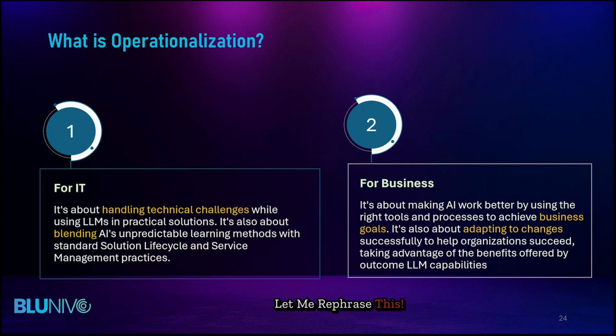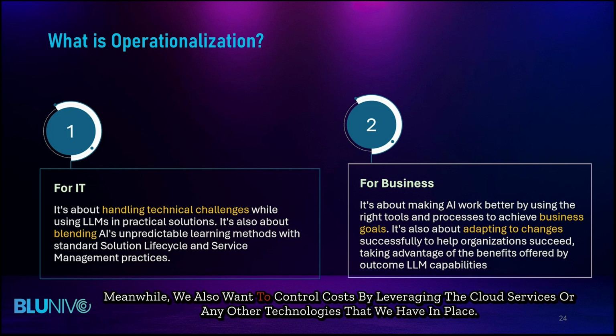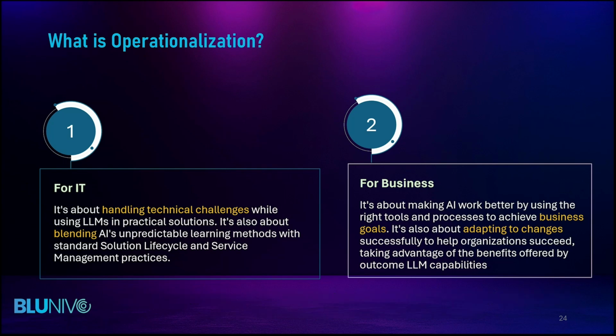Let me rephrase this. In short, we are trying to have control over our operations by having secure, predictable, and flexible service delivery. Meanwhile, we also want to control costs by leveraging cloud services or any other technologies that we have in place.